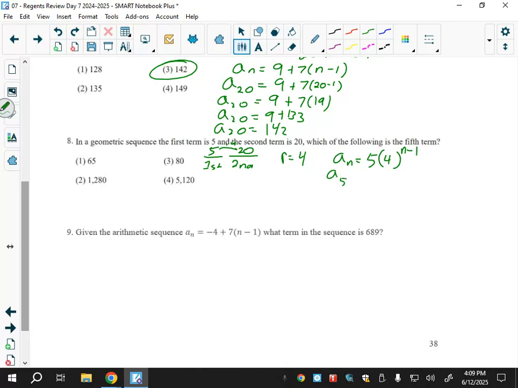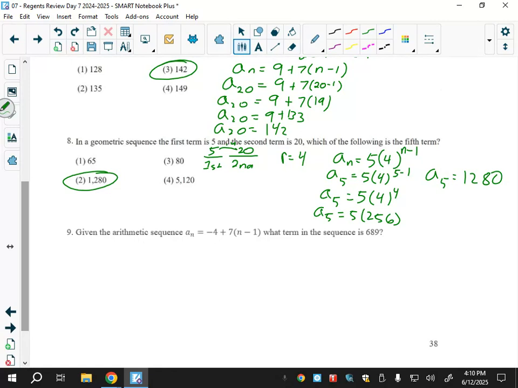So looking for the 5th term, a sub 5 equals 5 times 4 to the 5 minus 1 power. a sub 5 equals 5 times 4 to the 4th power. Right, so 4 to the 4th is 256, so that's going to be 5 times 256. So the 5th term would be 1,280. Answer choice 2.